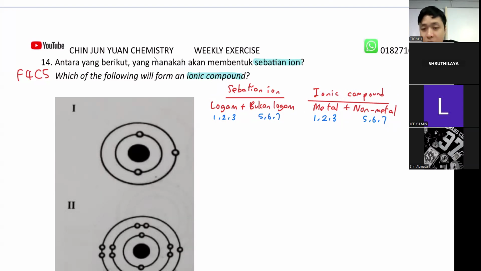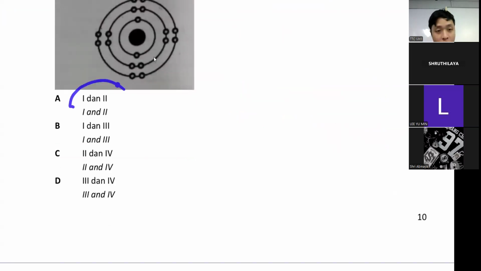So in this case, normally metal have 1 or 2 or 3 valence electrons. Non-metal have 5 or 6 or 7 valence electrons. Okay, so you see, which pair can form? You check 1 and 2.